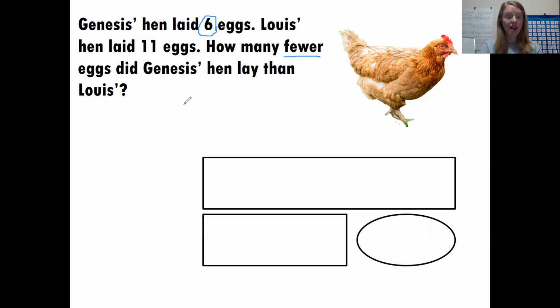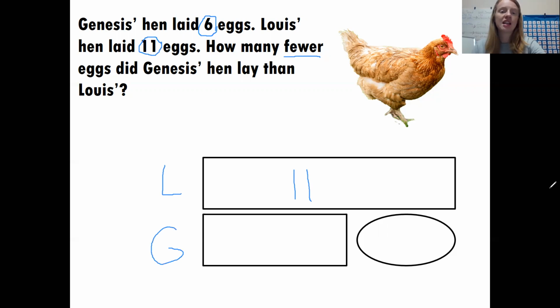Do we know how many eggs Lewis's hen laid? 11. Okay, so who needs to be in the big box, in the long bar? Lewis. So Lewis's hen is in the long bar because she laid 11 eggs. Okay.